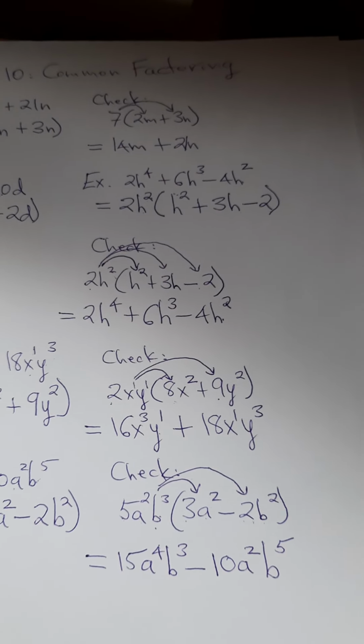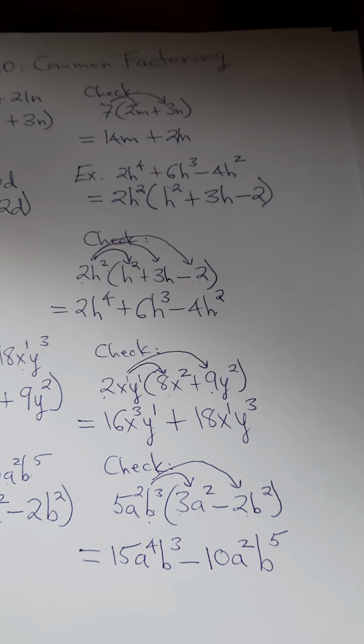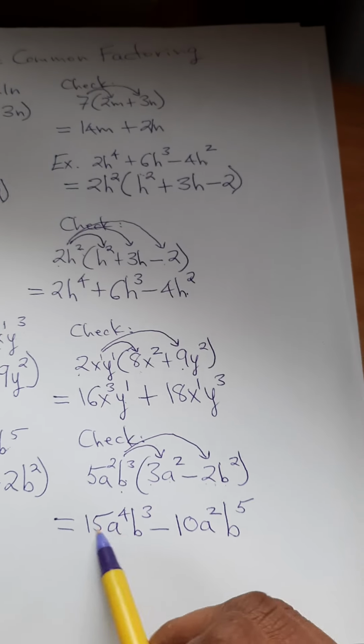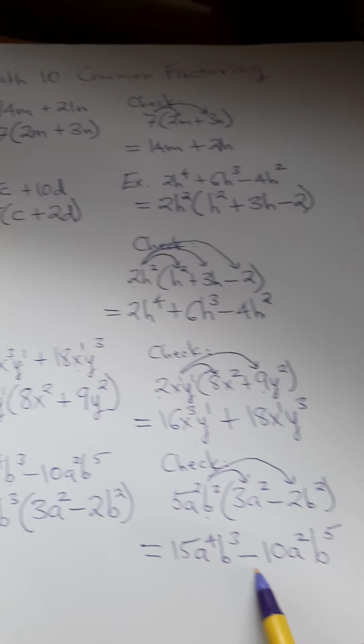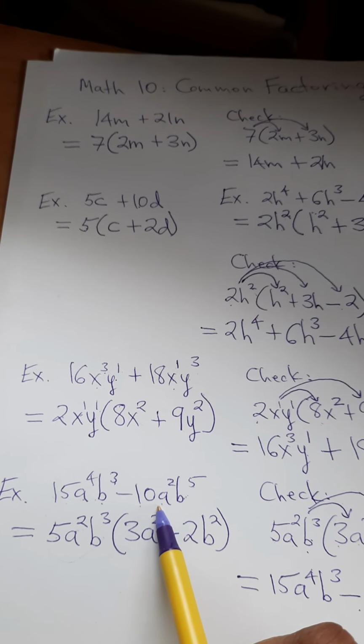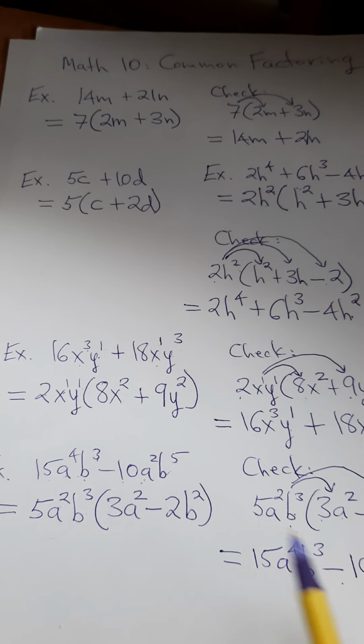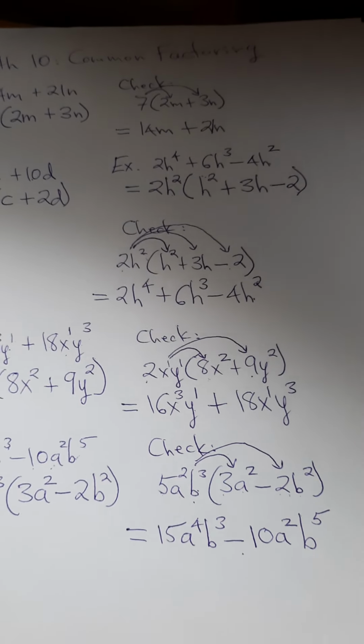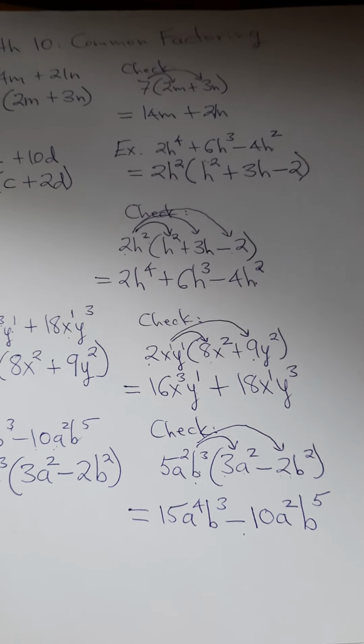Does everyone see that? That's all you're doing basically for common factoring. Make sure you have the exact same answer, and it's exactly equal to what we started off with, so I know that my answer is correct. In common factoring, we're just taking out the greatest common factor.